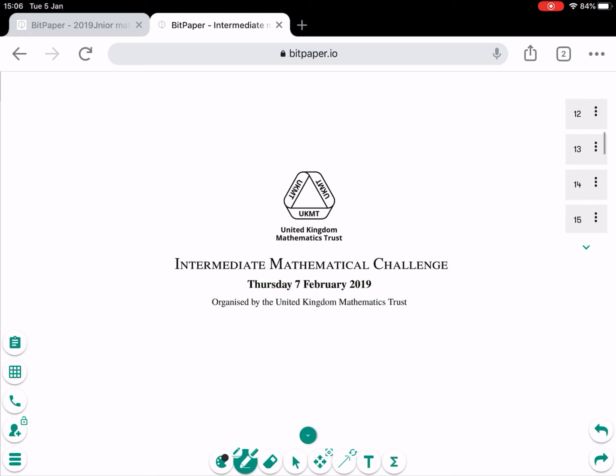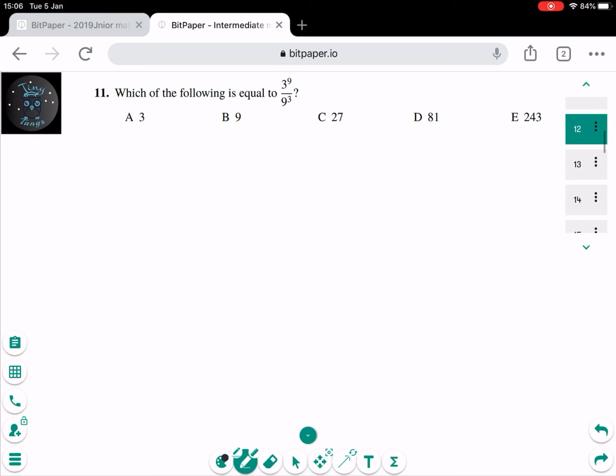So the 11th question asks us what 3 to the power of 9 over 9 to the power of 3 is. What we can do here is convert 9 to the power of 3 into 3 to the power of something.